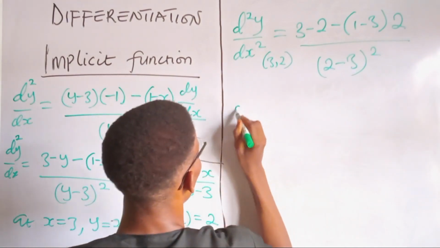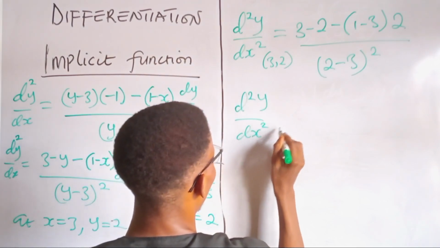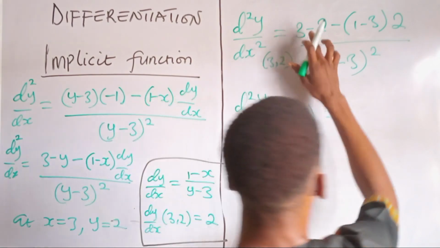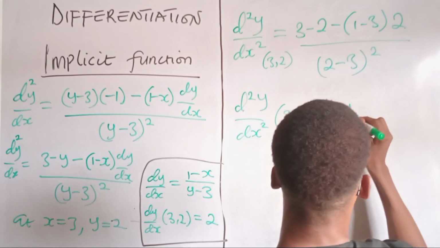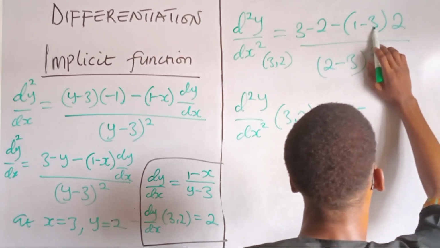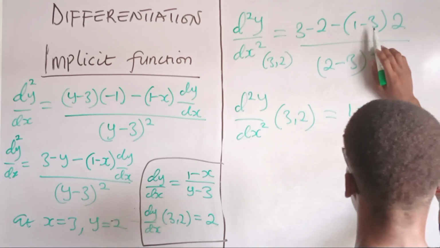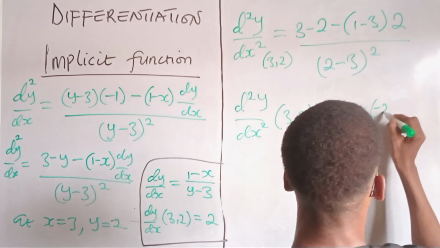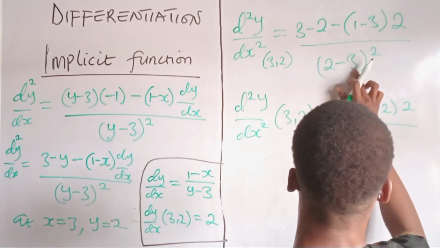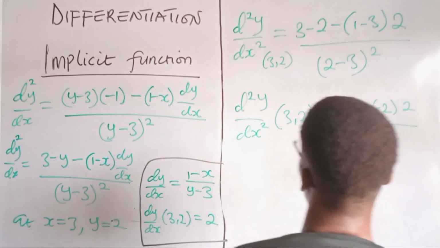So having the second derivative at 3 and 2 is going to give us 3 minus 2, which is 1, minus, then 1 minus 3 is minus 2, then multiplied by 2, all divided by 2 minus 3, which is minus 1, then all squared.